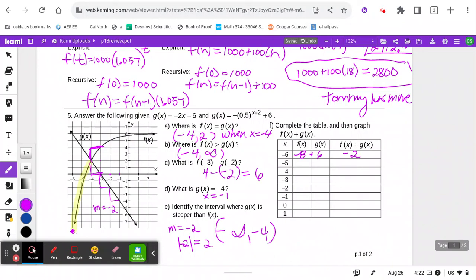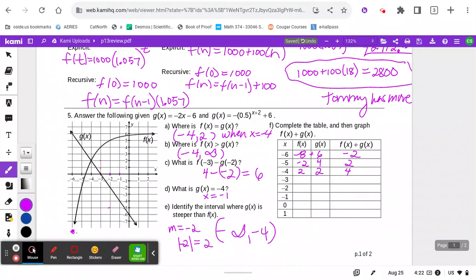Then at negative 5, I go down 2 for this one, and up 4 for the other. Negative 2 plus 4 is just 2. Go to negative 4. Back 4, oh, they both are at 2. So 2 plus 2 is just 4.